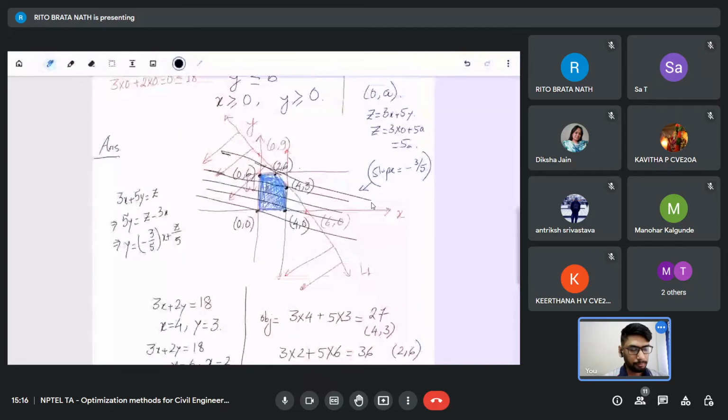I hope you know how to draw straight lines with certain slopes. You need not know the intercept, but unless you know the actual intercept, you won't be drawing one particular straight line. Otherwise, it will be parallel lines. So the idea comes from there itself.